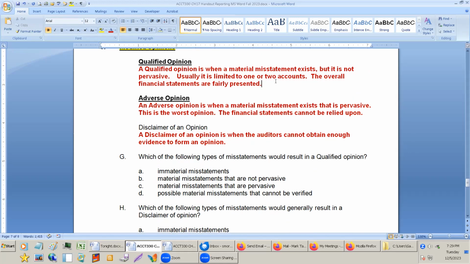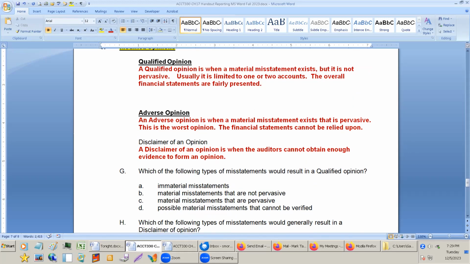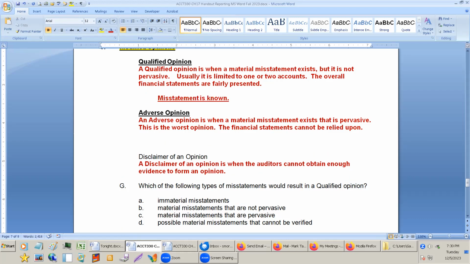For these two, the misstatement is known. Whatever it is, $10 million, whatever it is. So misstatement is known for qualified, for an adverse opinion. Oops, misspelled choice. How come you guys don't tell me that?